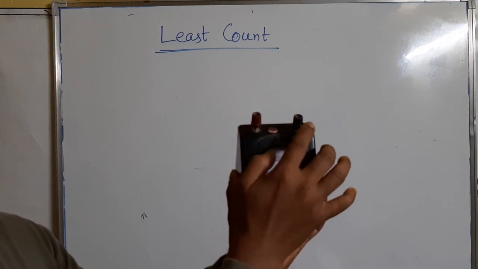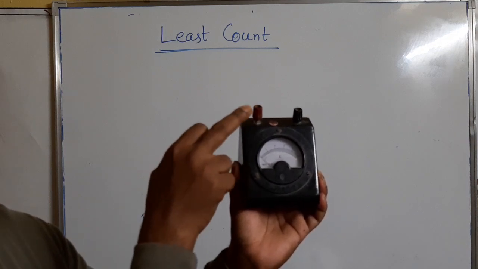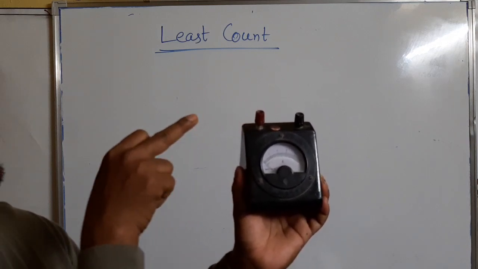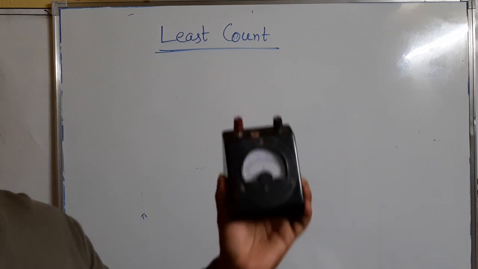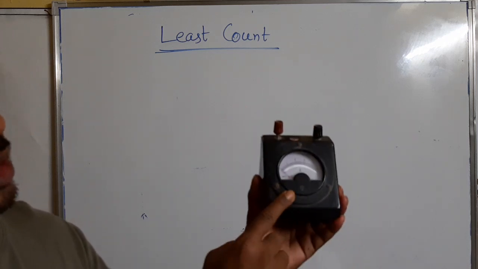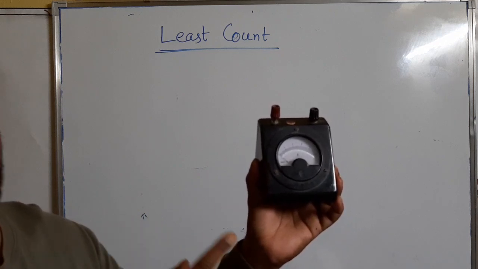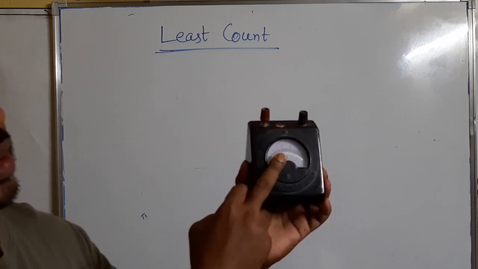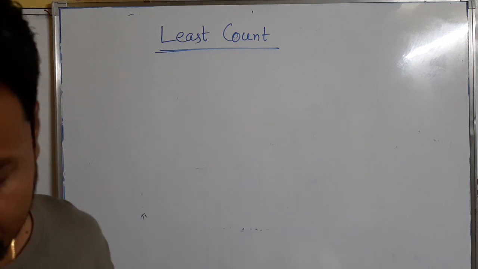Red is positive and black is negative. Again you have to use the positive end here and negative end here. This instrument measures the amount of current flowing in the circuit.